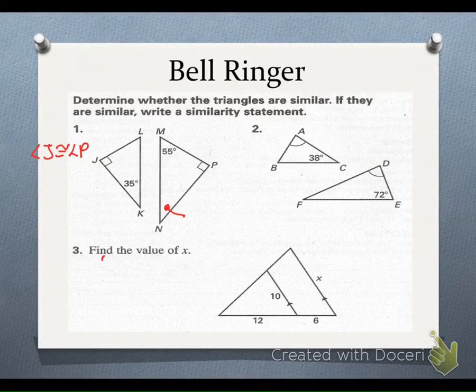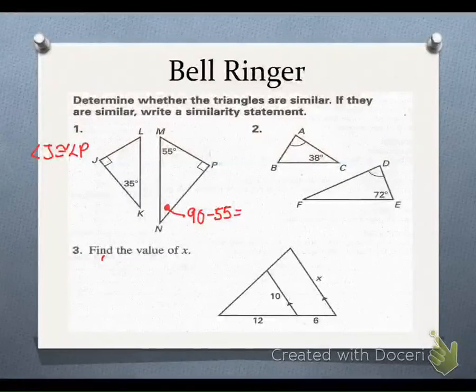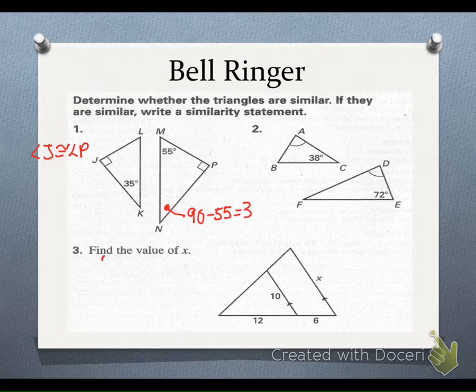Well, 180 minus 90 brings me to 90, right? So 90 minus 55 might be a quicker way for me to do that math without my calculator. So what is 90 minus 55? 35. So now do we have another pair of congruent angles? We do, right?